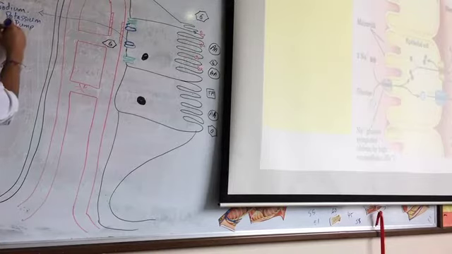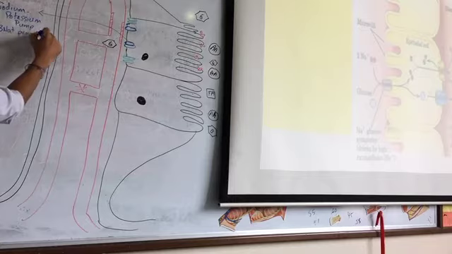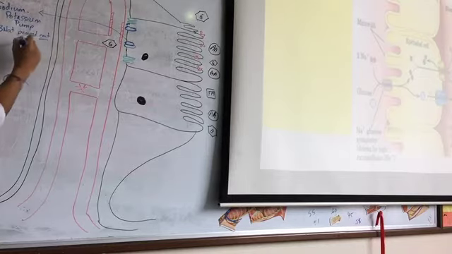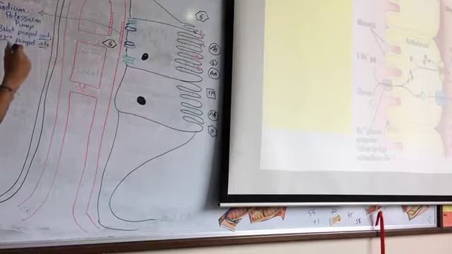In this case, you get 3 Na+ ions pumped out, and 2 potassiums pumped into the epithelial cells.